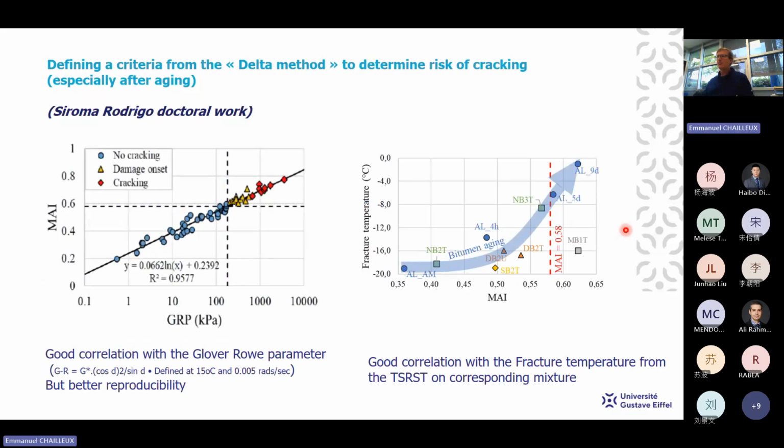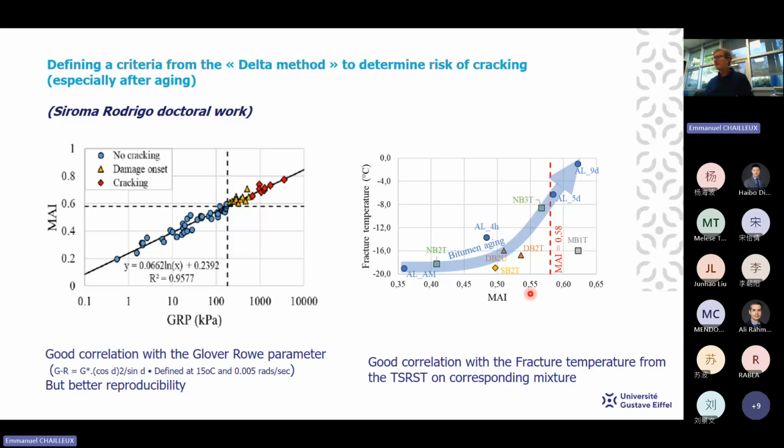We have compared this molecular aging index with the conventional, very used Glover-Rowe parameter. It's very close to the Glover-Rowe parameter, but the advantage of our molecular agglomeration index is that it shows a better reproducibility. This means that we can calculate in different places using different dynamic shear rheometers, and we have a better reproducibility with this molecular agglomeration index.